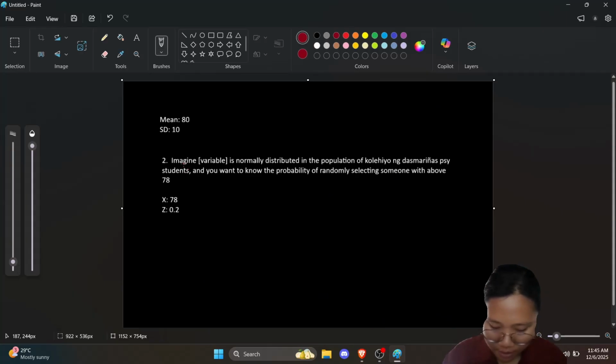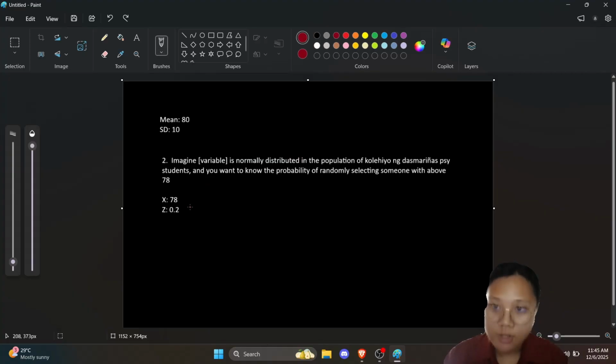Next is our second problem. This time, imagine a variable is normally distributed in the population of Kolehiyo ng Lungsod ng Dasmariñas psych students, and you want to know the probability of randomly selecting someone with a score above 78. This time our data point is 78 and our z-score is 0.2.